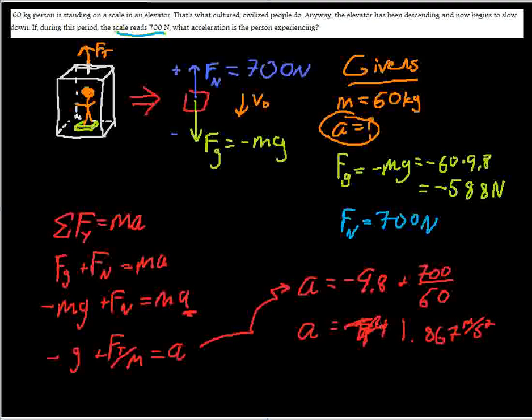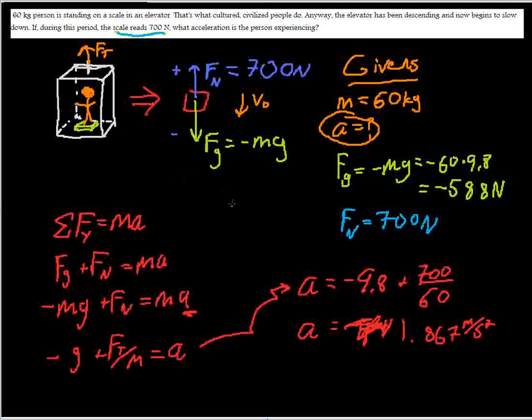Now, one of the things that you'll notice about this is that it's a positive acceleration. And I know that can sometimes be confusing because the motion of the elevator, I already stated before, is initially downward. But bear in mind that it's slowing down.